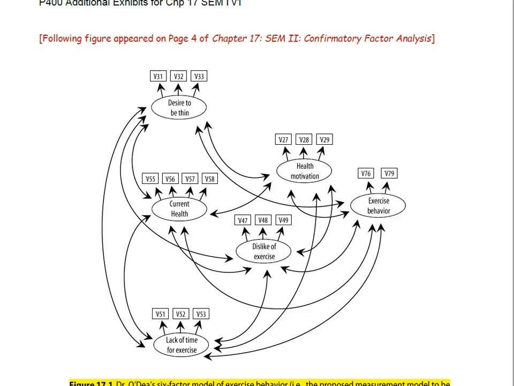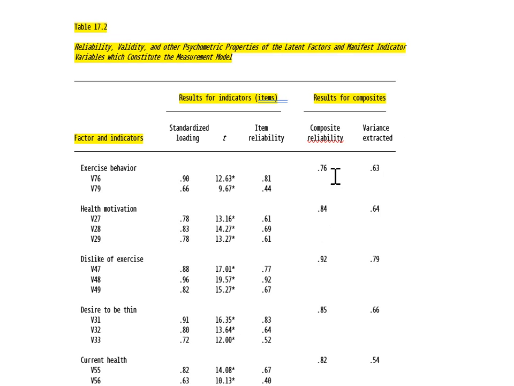To find out, we look at the table. Under the heading Results for the Indicator Variables for the individual items, we have under the column Standardized Loading, for V76 as a measure of exercise behavior, standardized factor loading was 0.90. Okay, that's the size of the standardized factor loading, which is essentially a standardized path coefficient.